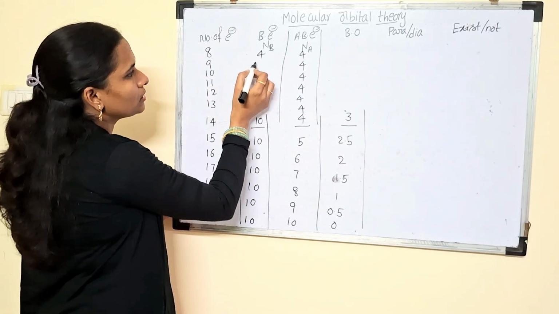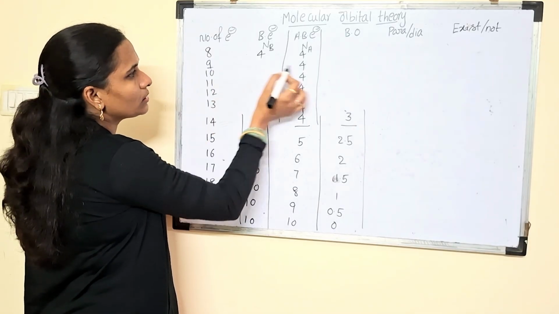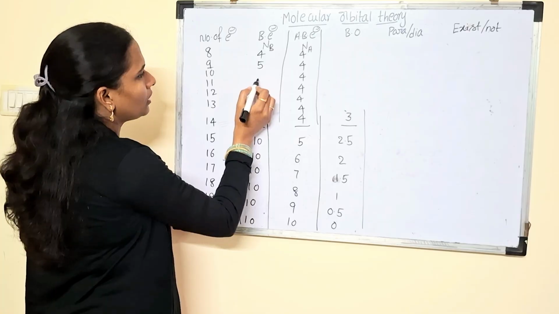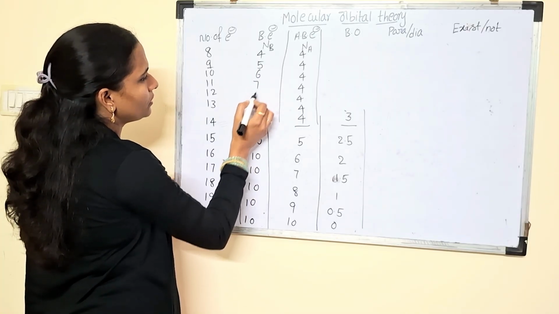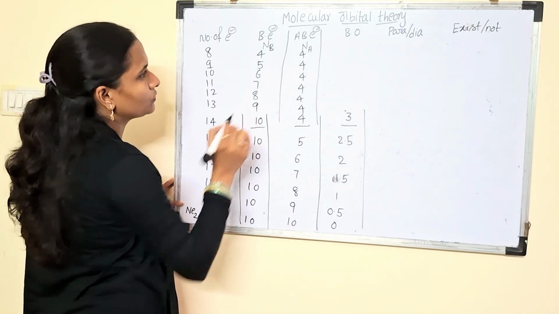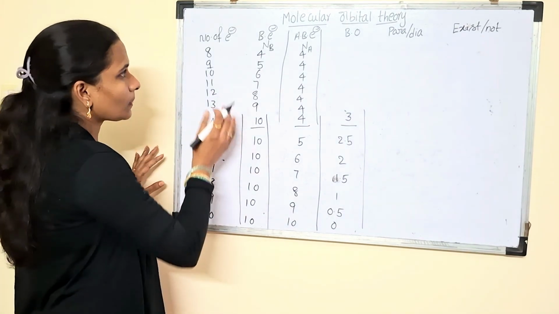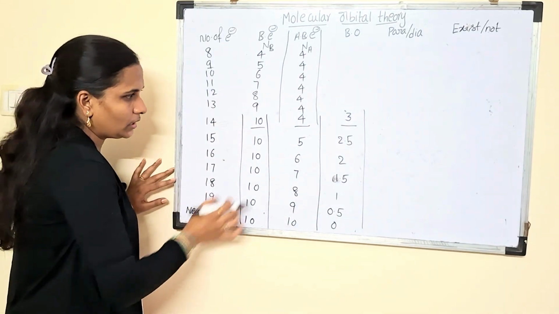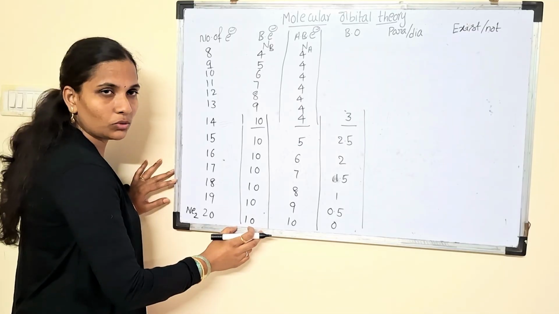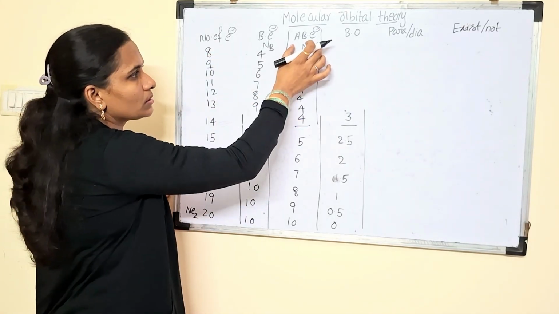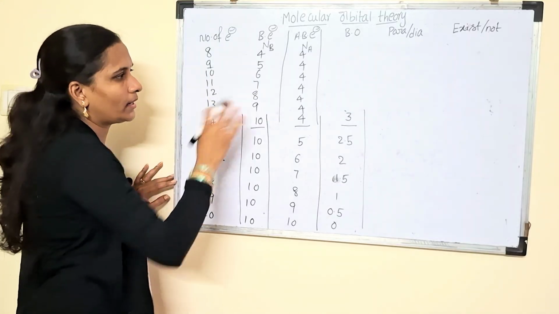Why? Because with 8 electrons, or 9 total electrons, the anti-bonding electrons are 4, then this is 5, after that 6, 7, 8, 9. So these are the bonding electrons and the anti-bonding electrons. From 14 to 20, bonding electrons are fixed at 10 only. From 14 to 8, anti-bonding electrons are fixed, and the remaining you have to add like this.